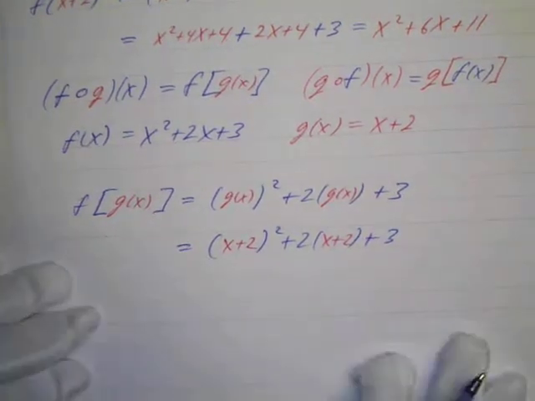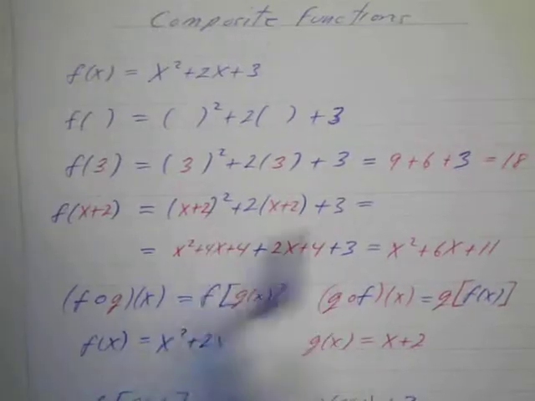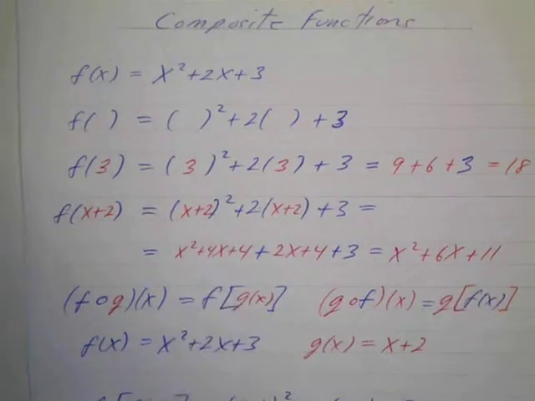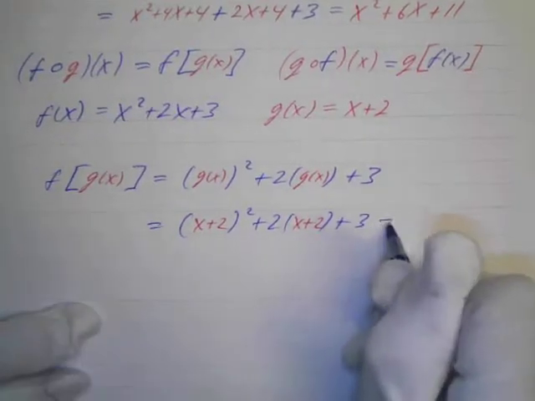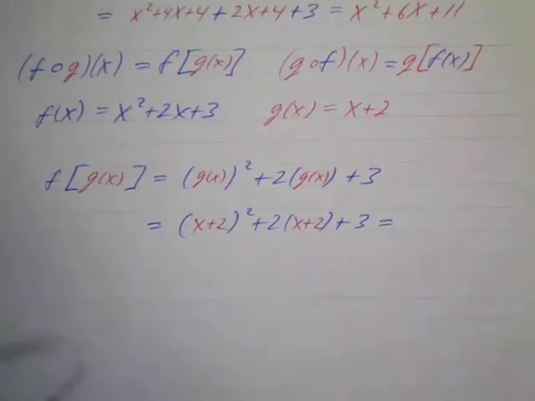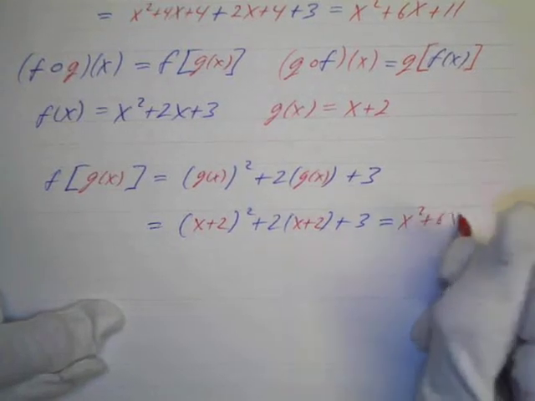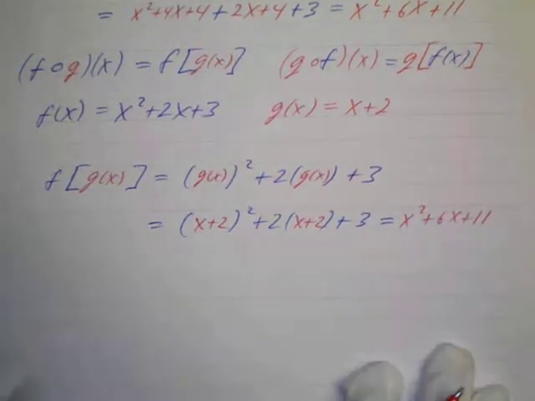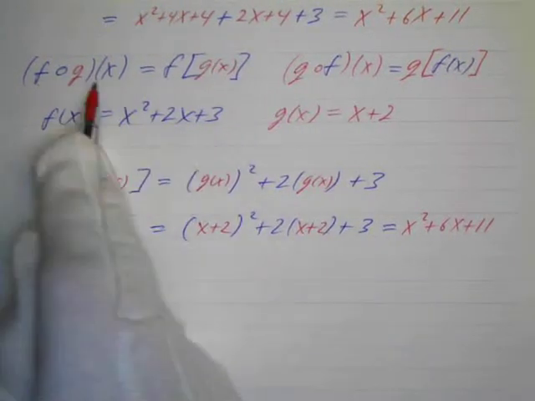And I've already worked that out up here. You can see x plus 2 squared plus 2 times x plus 2 plus 3, we worked that all out, and we got x squared plus 6x plus 11. So we can save a little time and put that over here. So that was fog, or f of g of x.